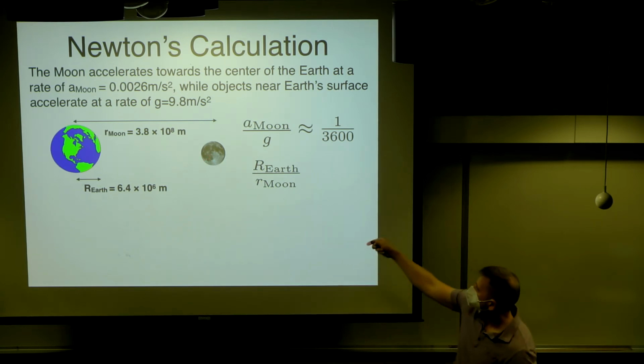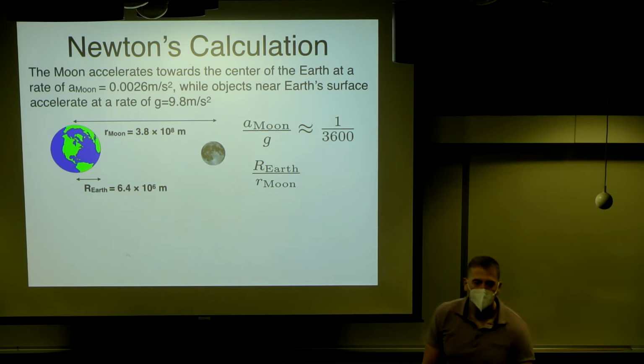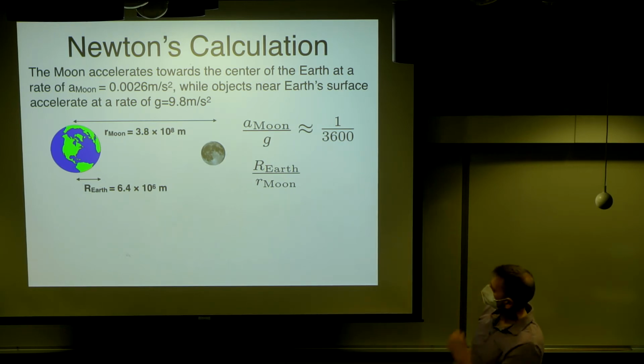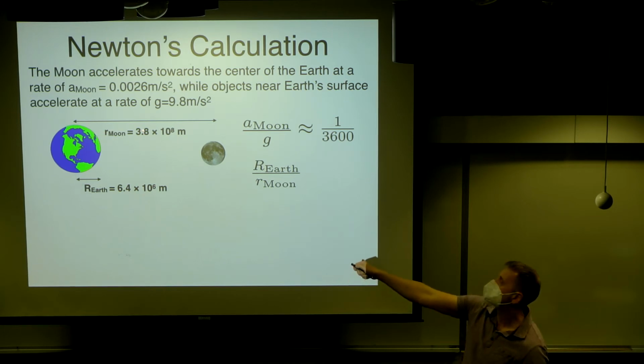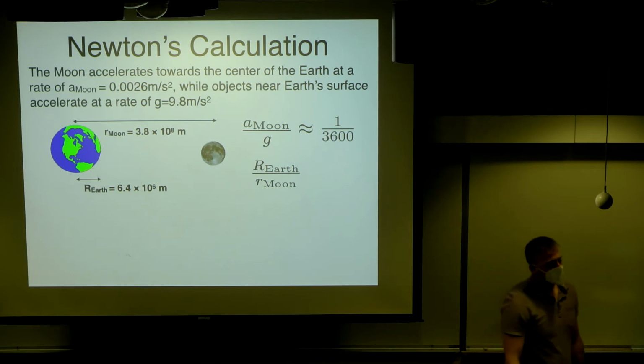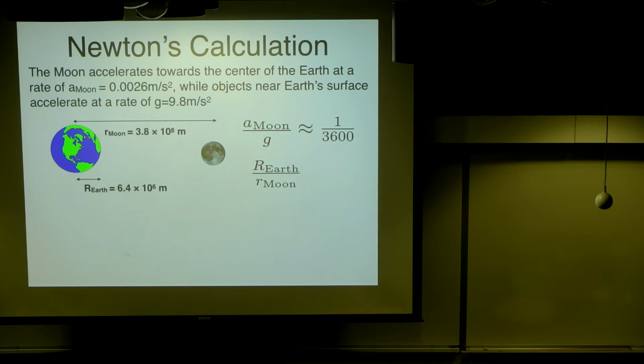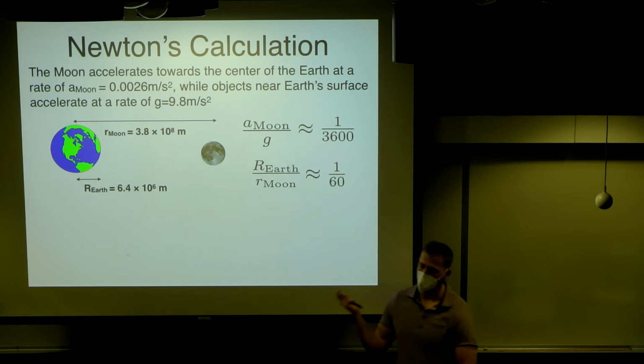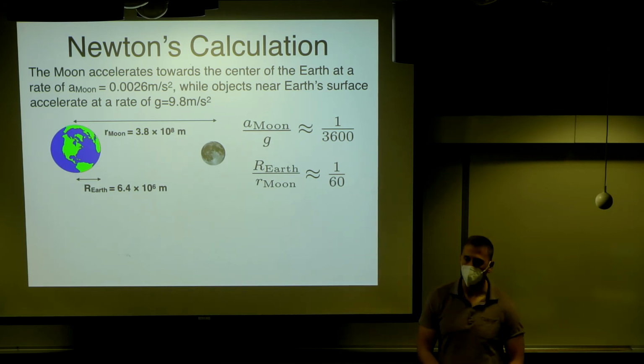What's the ratio of these two? Okay, so take this number, 6.4 times 10 to the 6, divided by this number, 3.8 times 10 to the 8. And what do we get? 0.0168. Which, yeah, as a fraction, again, it's a nice coincidence, it works out to about 1 over 60. And then you can verify this in your calculator.